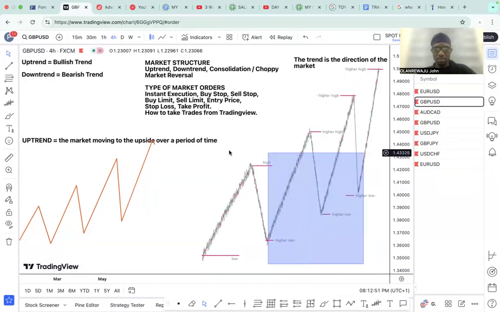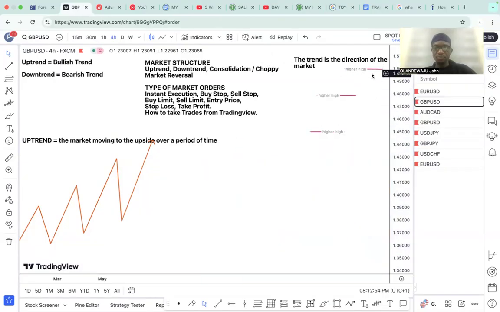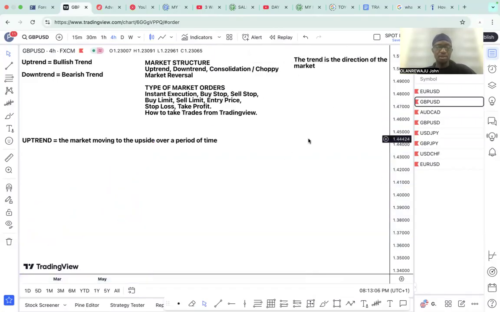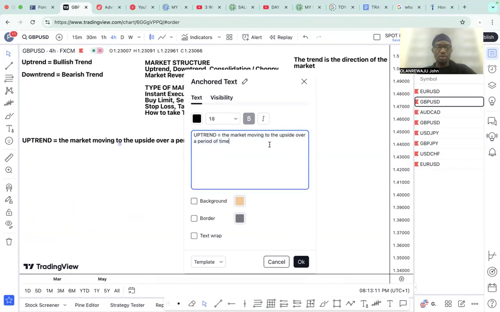So let's clear all of this so we can make it make sense. Of course, we still go inside the chart for chart examples, but let us go through it so that it can make all the sense. And then for a downtrending market, it is a situation whereby the market is moving to the downside over a period of time.